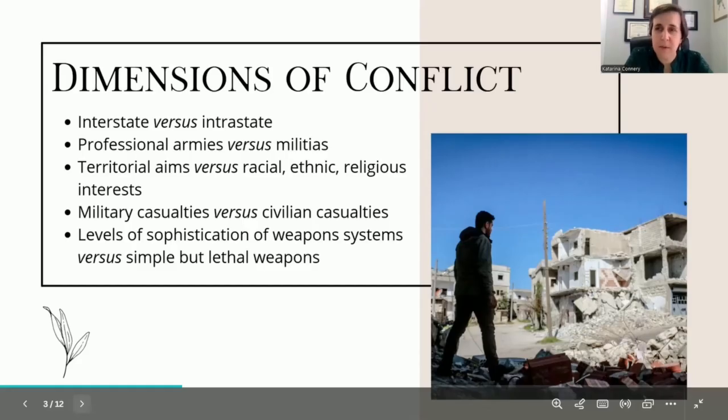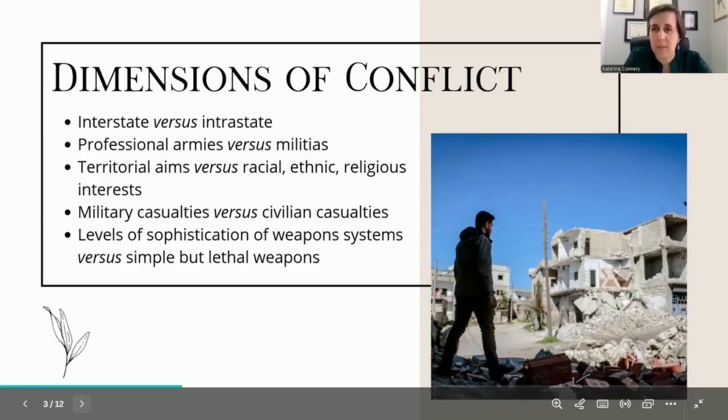Next, we'll talk about this more in our video next week when we discuss getting to yes, but there will be various types of interests of the parties to the conflict. There are territorial interests, which can include access to resources, natural resources, water, minerals, oil, etc. There also can be interests related to race, ethnicity, religion.